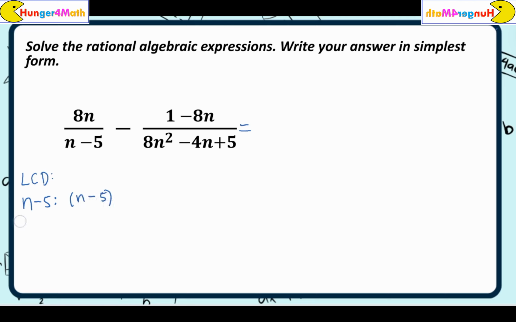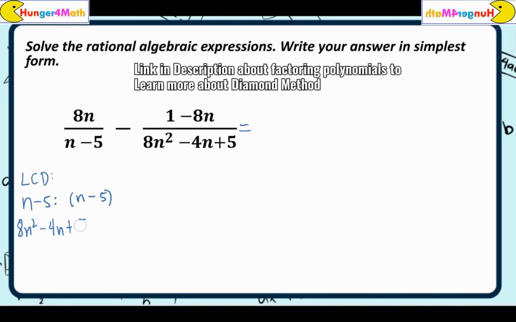For 8n squared minus 4n plus 5, this is factorable using the diamond method. That will turn into n minus 5 times 8n minus 1.